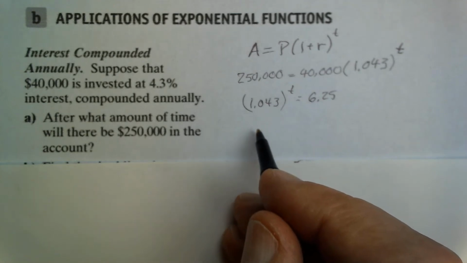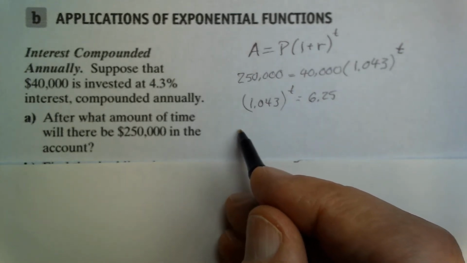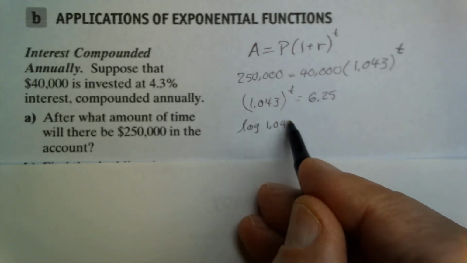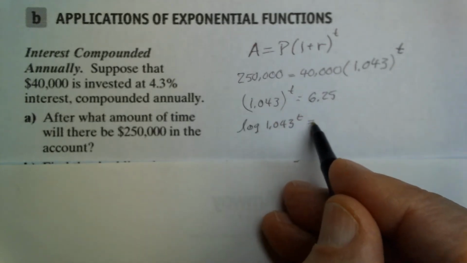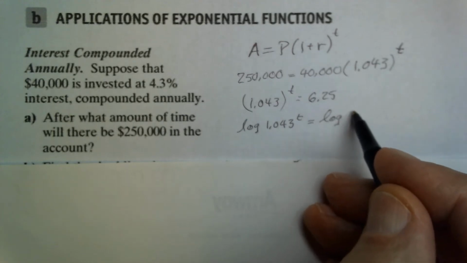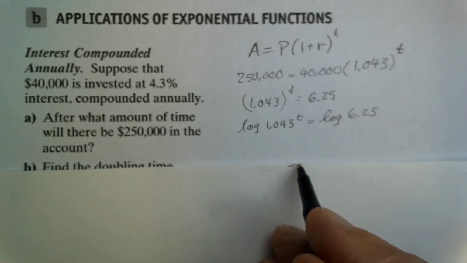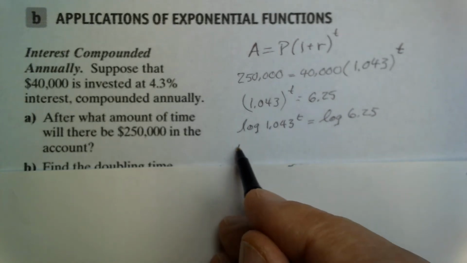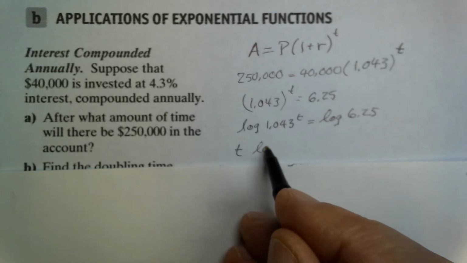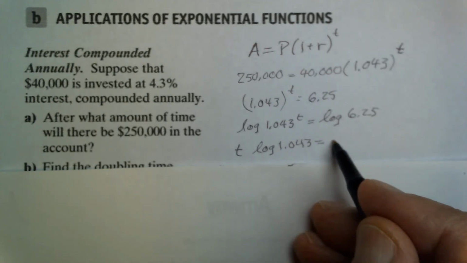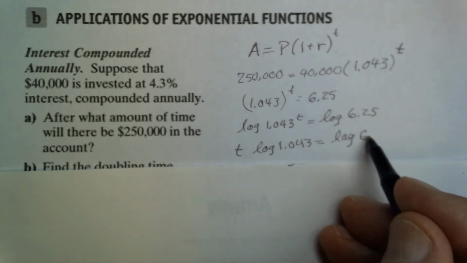Now we're going to take the log on both sides. So the log of 1.043 to the T power is equal to the log of 6.25. And so T times the log of 1.043 equals the log of 6.25.